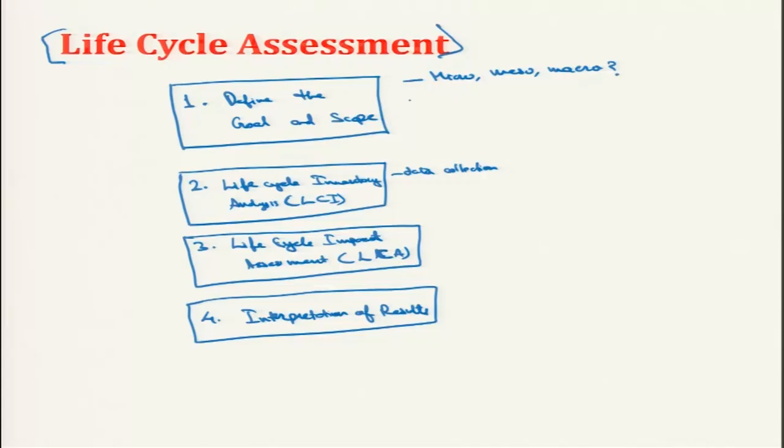So, this is point number 1. Also in defining the scope, we need to say whether it is a screening life cycle analysis. What kind of life cycle analysis? It is just screening or just the assessment, or it is comparative, where we are comparing two different products, or it is a complete product and mitigating results with that, or do we also need to put the causes, the reasons?